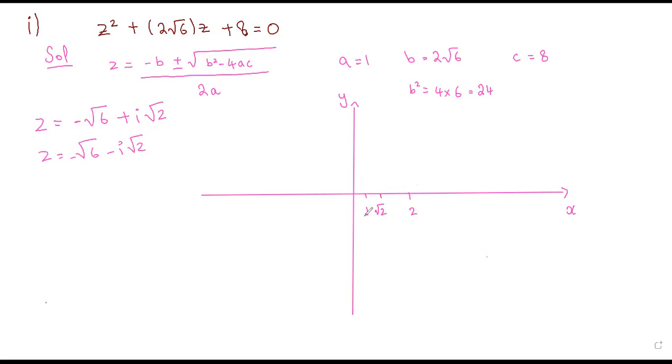Then we are interested in plotting under root 6 as well, so I'll make it here as well. 1, minus under root 2 and then 2. Okay, just stop me if you are not able to understand anything. Okay, and then we have under the root 6, that is 2.4 something, so it will be here. And then similarly, this is 1, 2, and this point is minus under root 6.